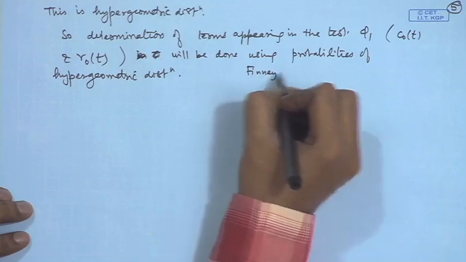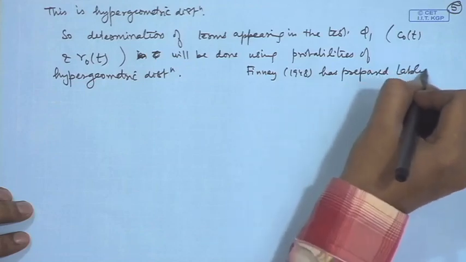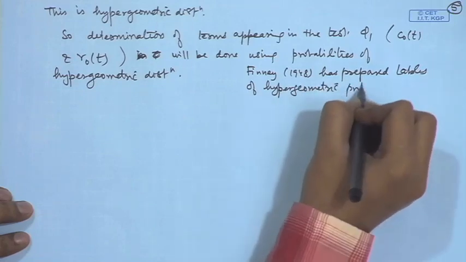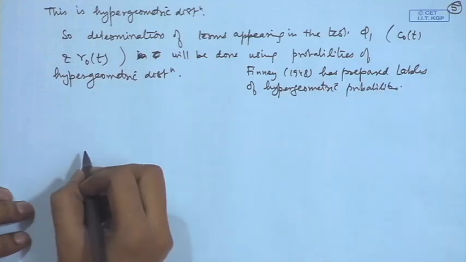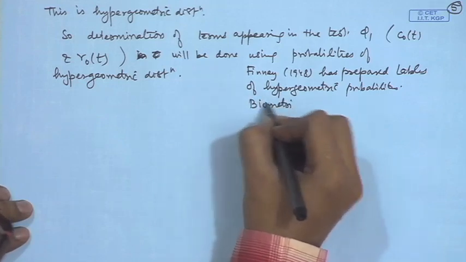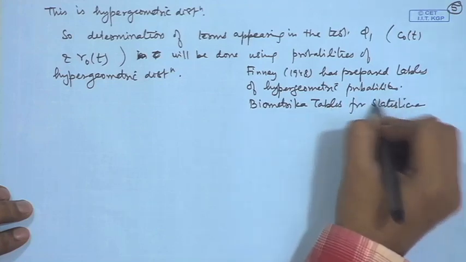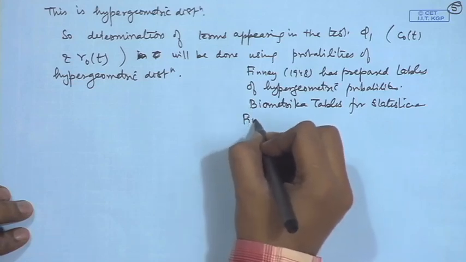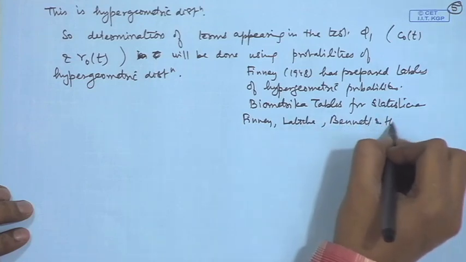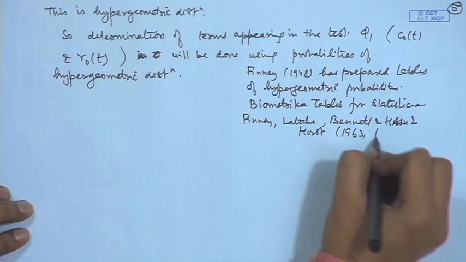Finney in 1948 has prepared tables of hypergeometric probabilities, and they have also been published in Biometrika Tables for Statisticians, and also by tables of Finney, Latscha, Bennett, and Hsu and Horst in 1963, 1966.